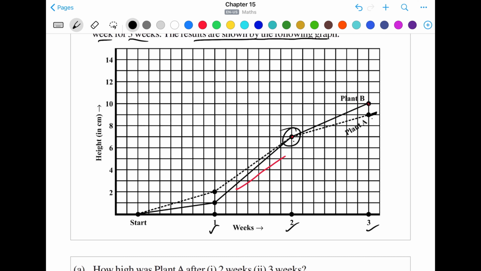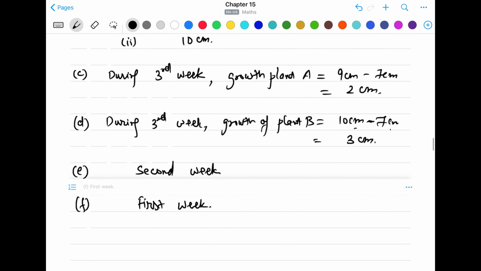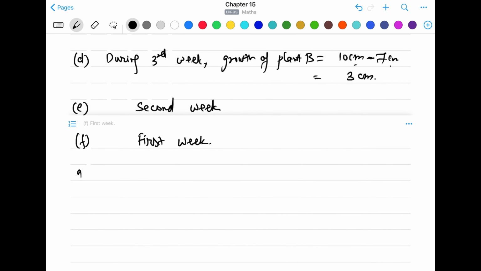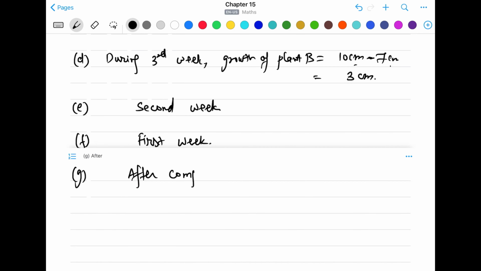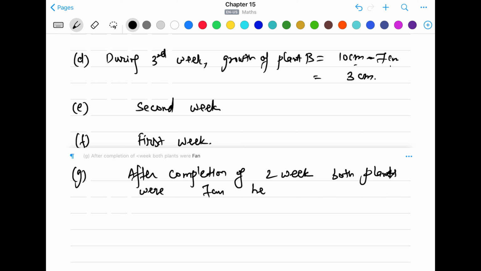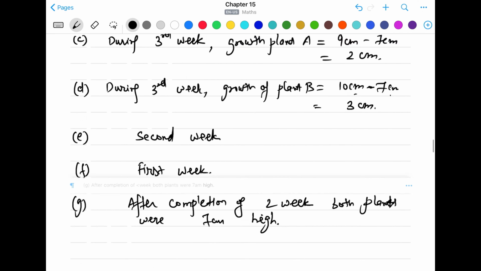That is at the 2nd week, after completion of 2 weeks both plants were 7 centimeter in height. So the answer for part G is, after completion of 2 weeks both plants were 7 centimeter high. That's the answer for question number 3.